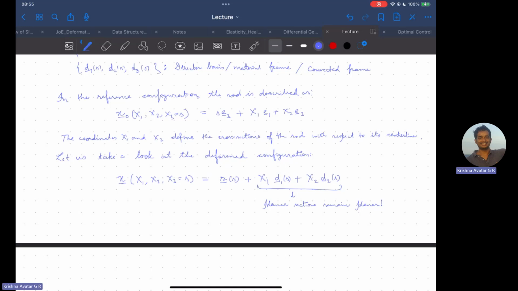Right? And D1 of S and D2 of S need not be orthogonal, and that is for the very reason that it implies shear deformation of the rod is possible.